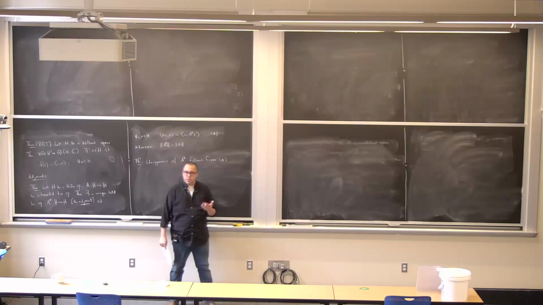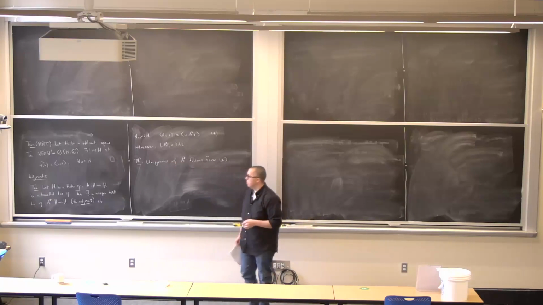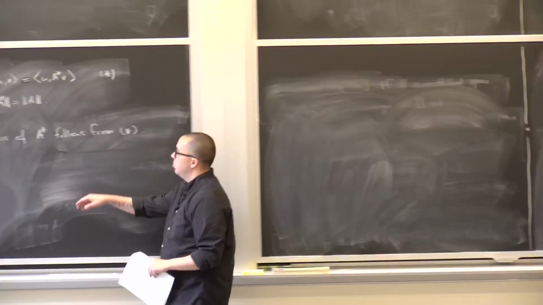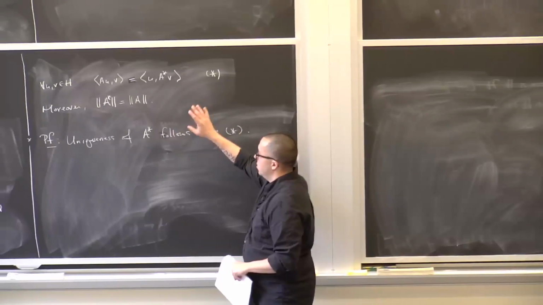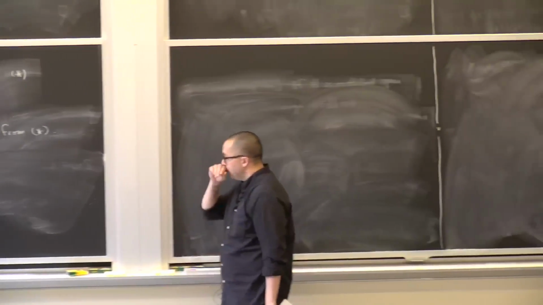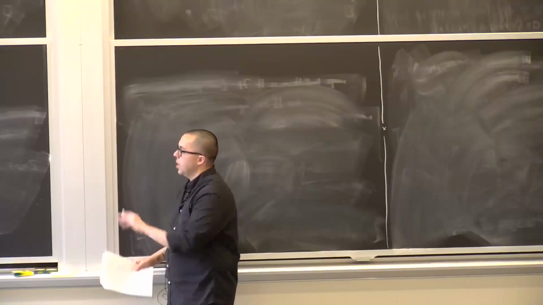Just like that vector is unique regardless of how you chose to define it, how you created it based on that identity. The same thing holds for the adjoint. Okay? So just the same argument is what I mean.